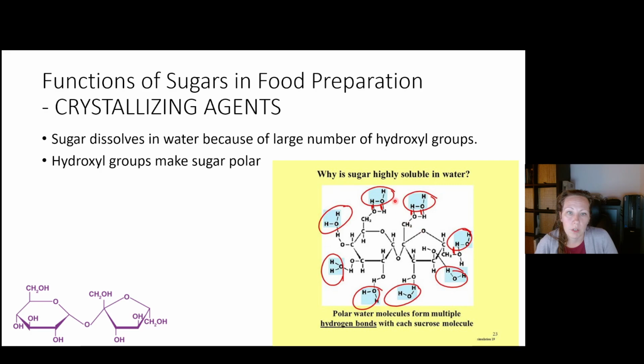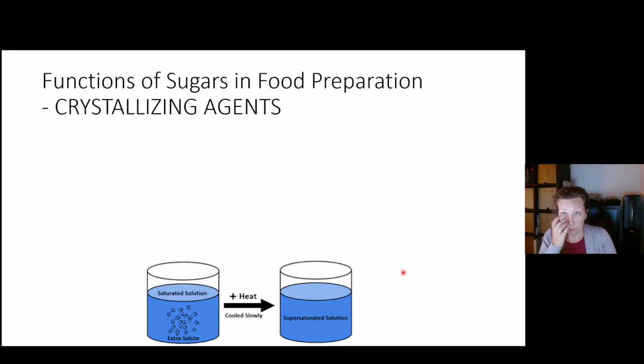And so they are going to bind with the water via hydrogen bonds, and so the oxygen is going to bind with hydrogen, and the hydrogen on the hydroxyl group is going to bind with oxygen. Okay, and so you see that all over. Sugar loves water. And that is why it dissolves in water.